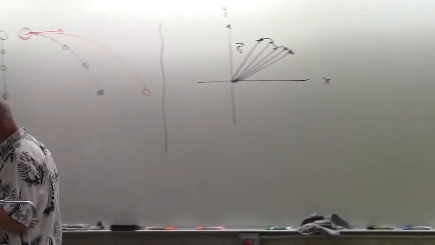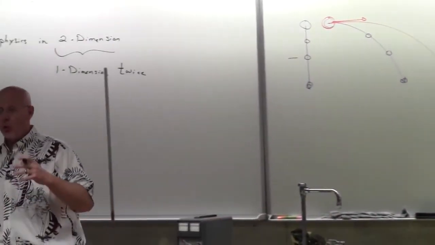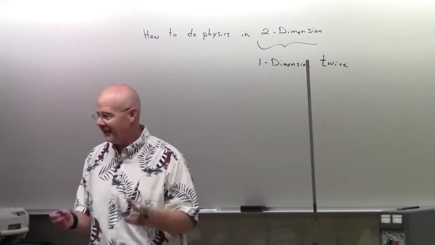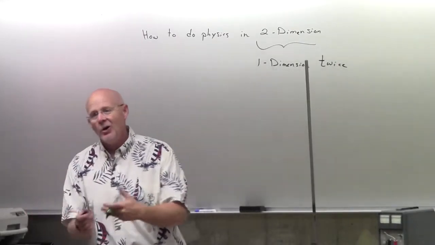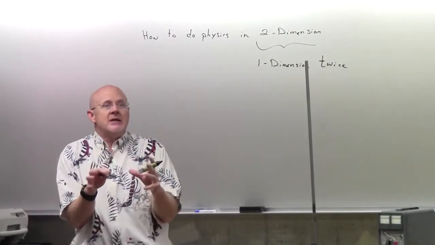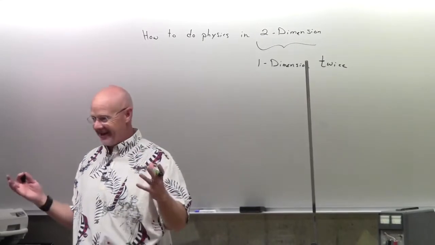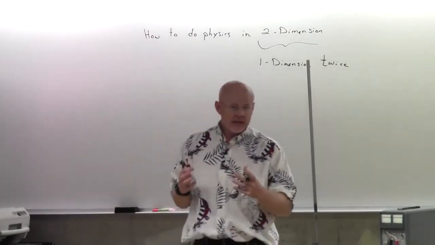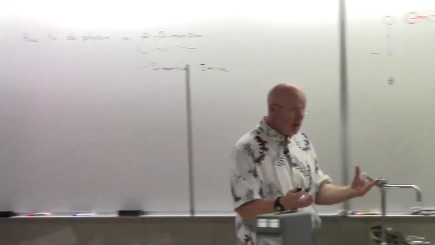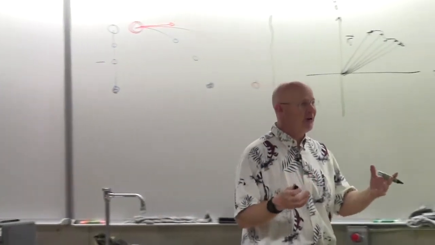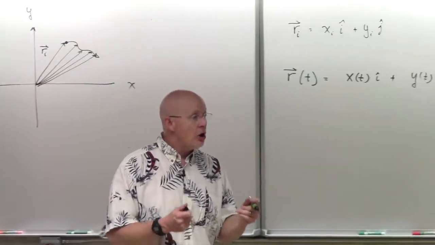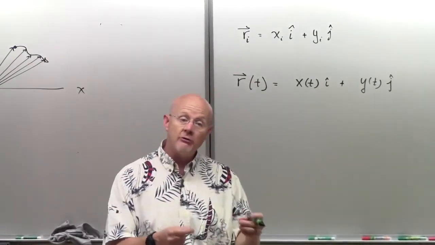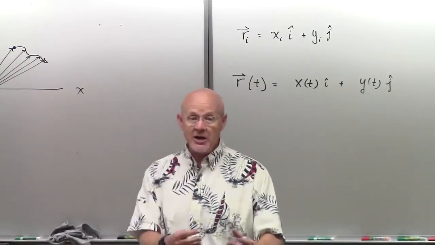And some of these equations you're about to see on the board are going to look really long and complicated. Hopefully, we won't get too scared by this long set of equations and all these symbols. If you read them, you will begin to see they're not that complicated. They are exactly what we were talking about. They are two-dimensional motion, which involves one-dimensional twice. And that's really what I have.